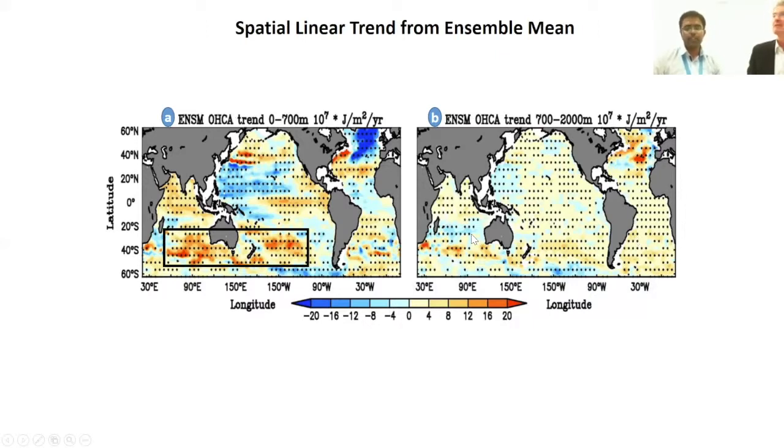Means that there is not a very strong warming or cooling patch present in the 700 to 2000 meter, except in the North Atlantic Ocean. So there is some kind of vertical dipole structure present in the North Atlantic, which is showing the upper 700 meter as a robust, significant cooling patch, and there is a robust, significant warming patch in the 700 to 2000 meter. But other than that, all the ocean basins are showing uniform warming pattern.